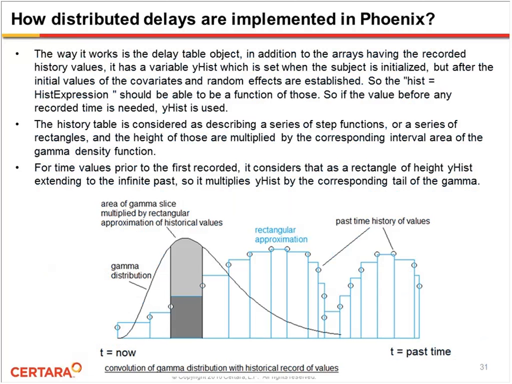And this is how we do the convolution. We take the gamma distribution, we take the area of it between two of the time points that are recorded, and multiply it by the average value that the system had at that time.